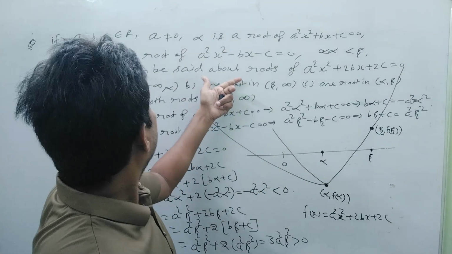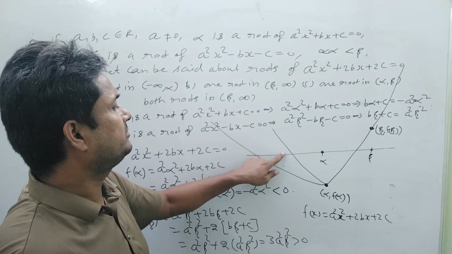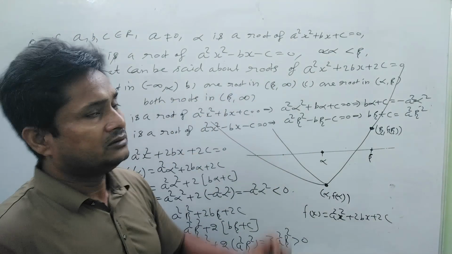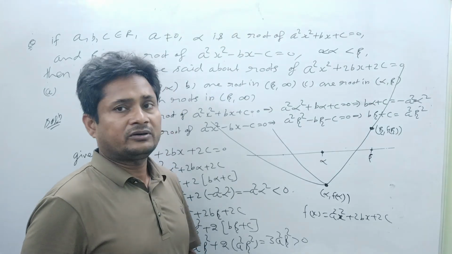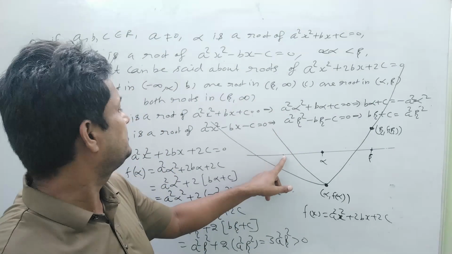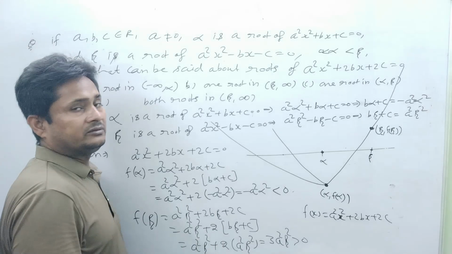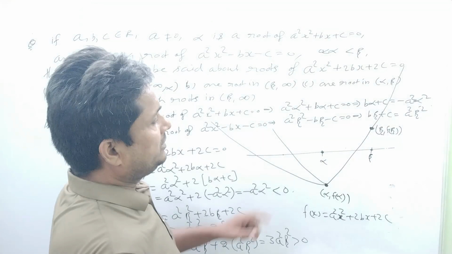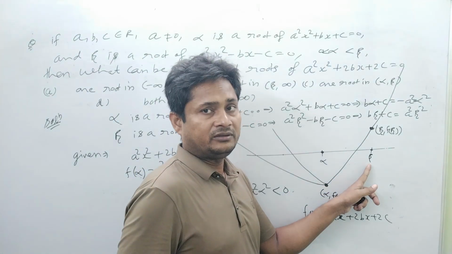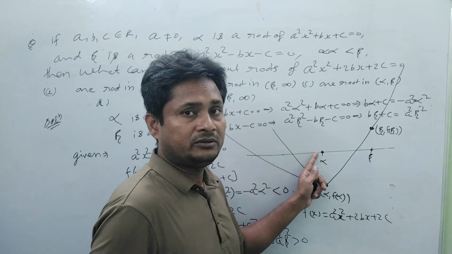But in the question, it is not asking at x equal to 0 which root lies between 0 and alpha or not. So with respect to 0, we don't have to find the value. So from the graph, what can be said? One root lies in the interval alpha to beta, and the other root lies in the interval minus infinity to alpha.